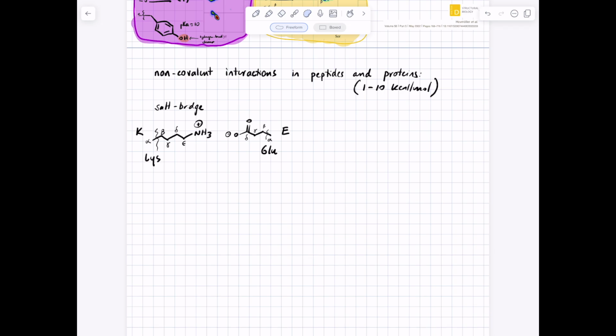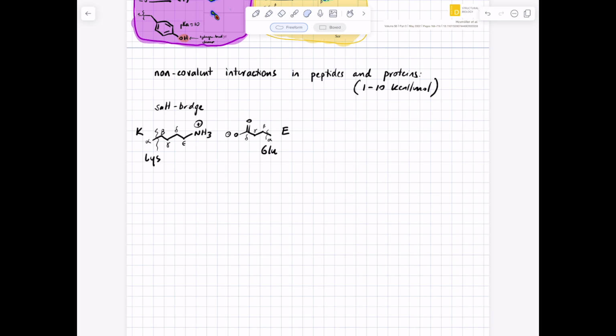So where do salt bridges take place? Because for hydrogen bonding, that'll help keep alpha helices together. So where do salt bridges take place? Generally on the surface of proteins, for reasons we'll discuss soon. Polar side chains tend to be on the exterior of proteins where they're exposed to water.